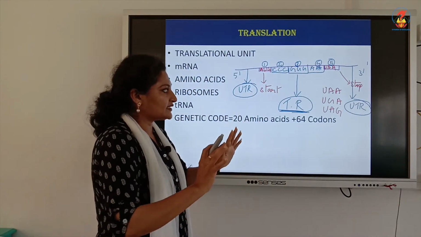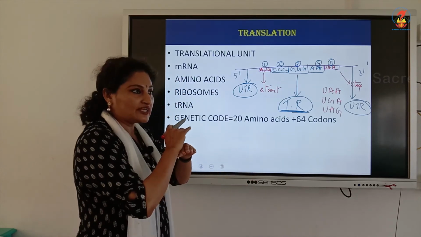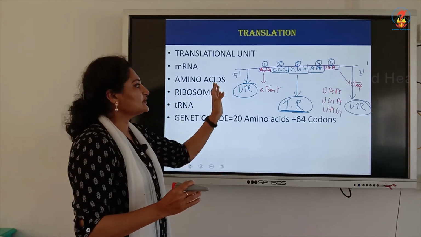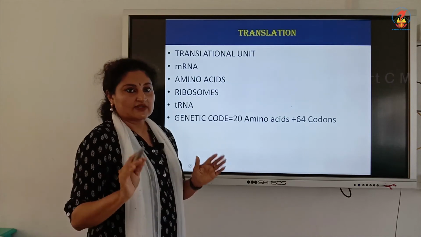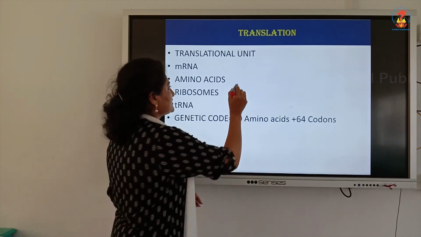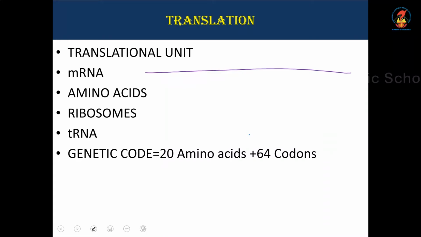I am not making it more confusing. I am just redrawing, showing the parts once again. Once again, a translational unit. I am drawing a straight line. I am indicating the start codon AUG and any stop codon UAA, and this region before at the 5 prime end and that region at the 3 prime end.